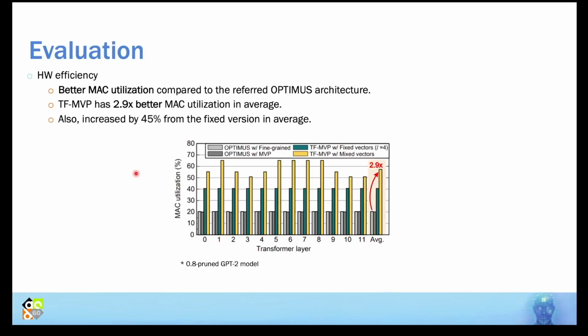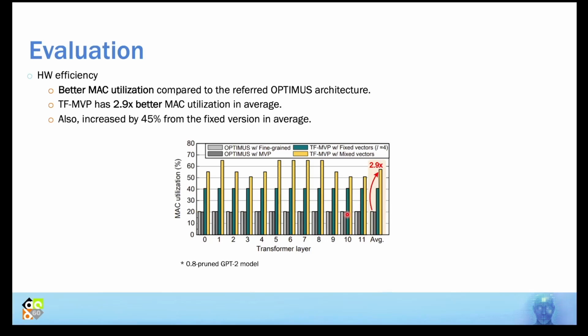In comparing and analyzing hardware performance, the leftmost structure with Optimus and fine-grained pruning mapped shows MAC utilization for a 0.8 pruned GPT-2 model for all transformer layers. Despite having 4,096 MAC operators, the utilization stays around 20%, which is inefficient.